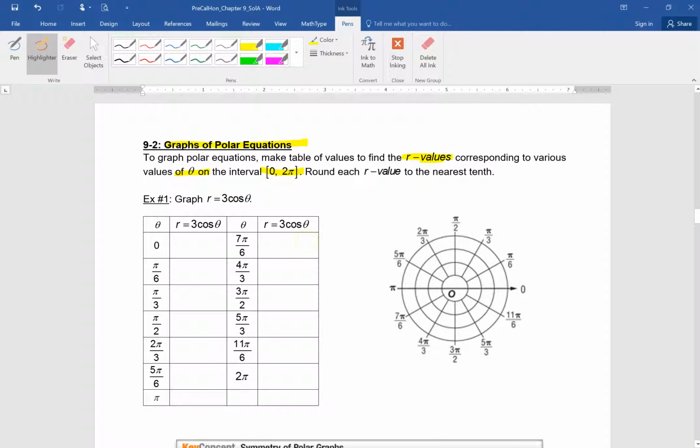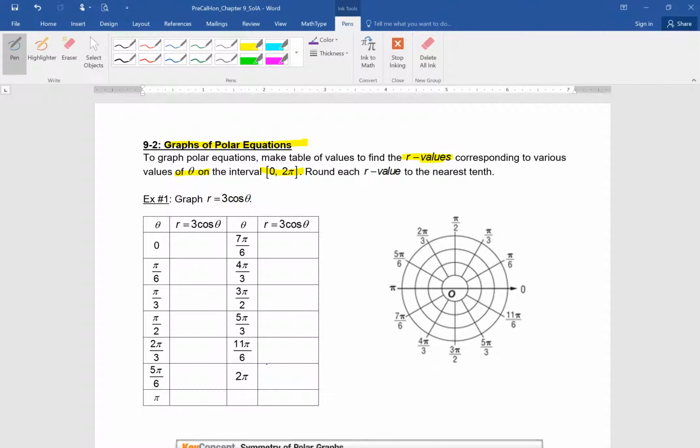All right, so here we have r equals 3 cosine theta. My table of values goes from 0 to 2 pi, and I'm going to take the special angles from the unit circle. All I'm going to do is plug in my values and round to the nearest tenth.